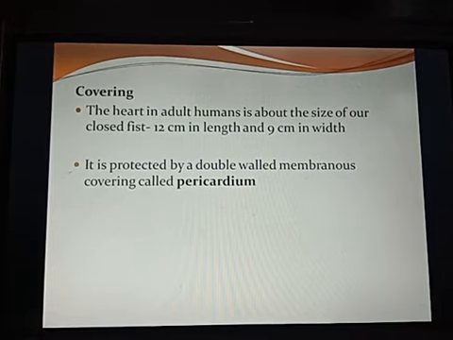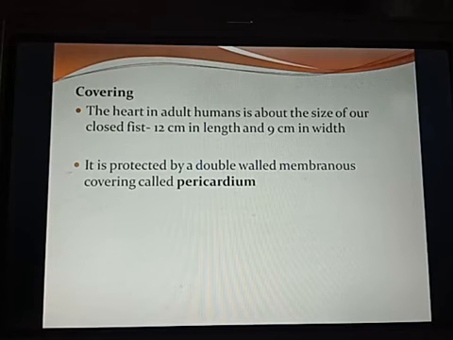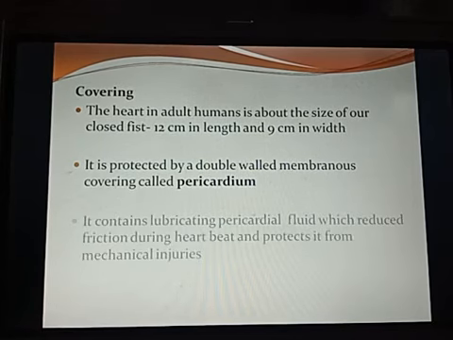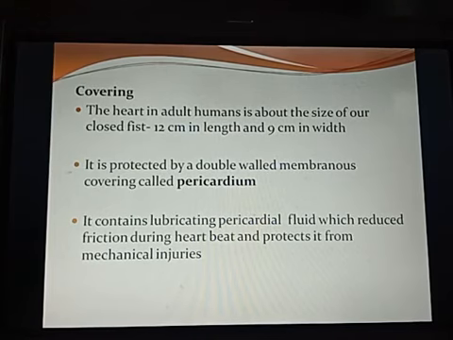The presence of this pericardial fluid is to act as a shock absorber, and it also helps to reduce friction because the heart is continuously pumping. This lubricating pericardial fluid reduces the friction during the heartbeat and also protects the heart from mechanical injuries.